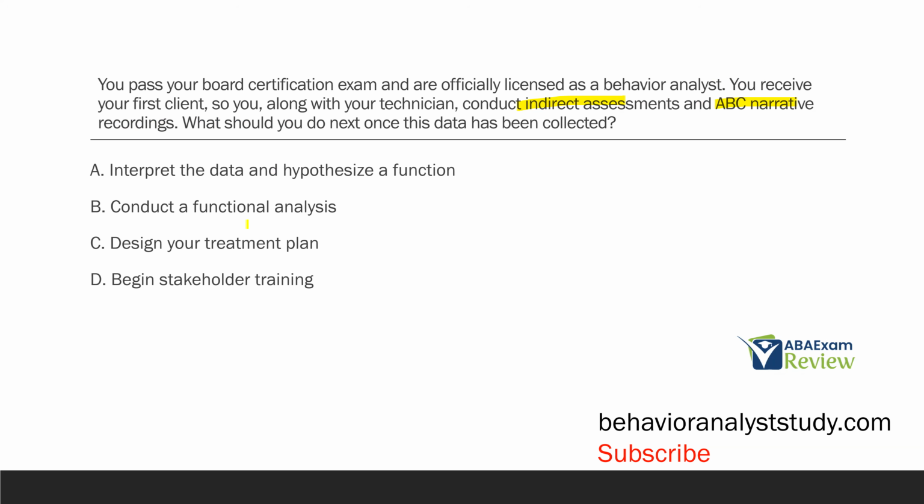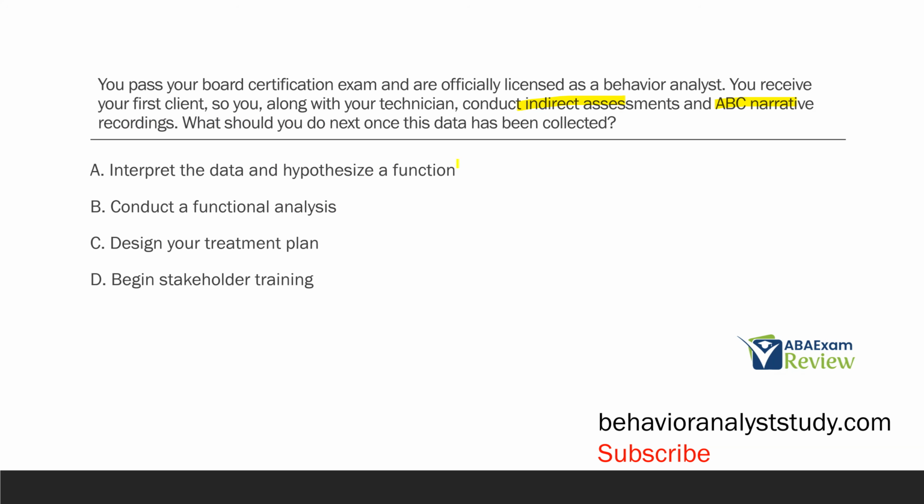And so what we need to do is A, we have to interpret this data and start to hypothesize a function. Before we can do B, our functional analyses, we need the hypothesis. How do we form a hypothesis? We form it through the indirect and the descriptive assessments.